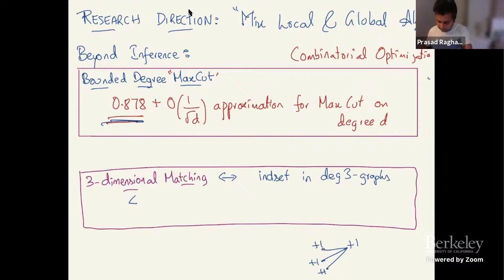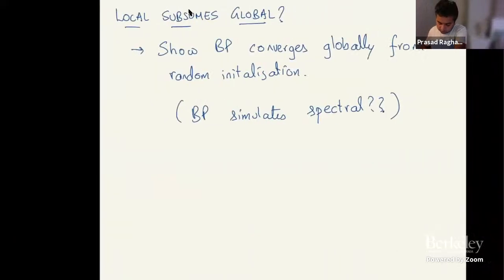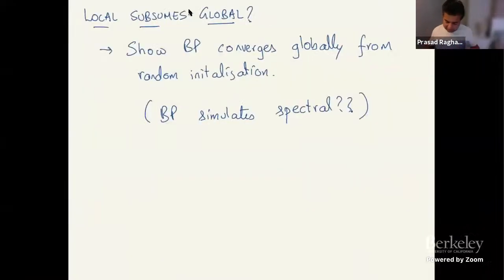Question. Okay, so what are the different possibilities here? Well, one possibility is that maybe local just subsumes global. Okay, so meaning you show that BP actually just converges from random initialization, or it doesn't even have to be random, some initialization that you can compute easily.